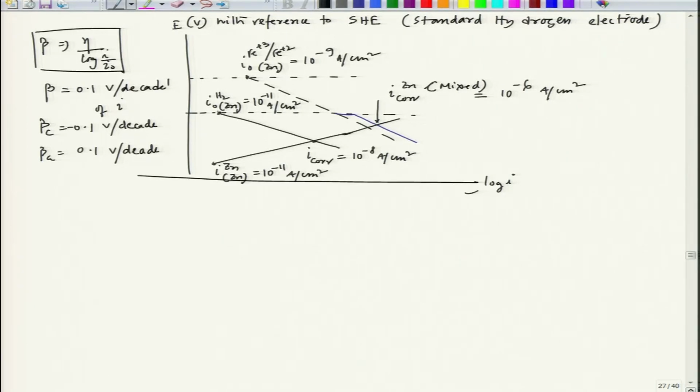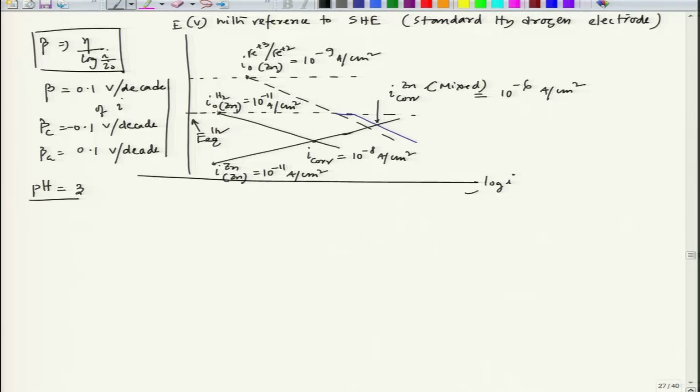So, this is the data that is given, and another data is pH, because pH will decide what should be the E equilibrium of hydrogen. Not this point, this is the point which is E equilibrium hydrogen. Let us consider pH to be 3.